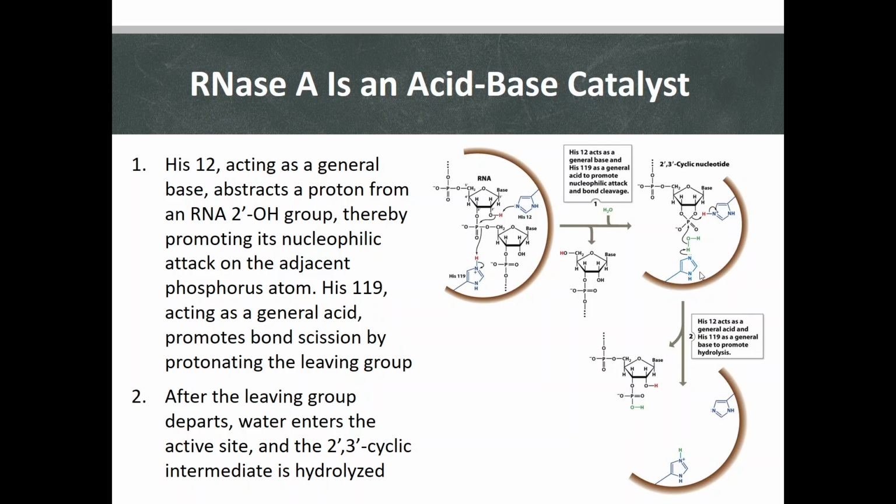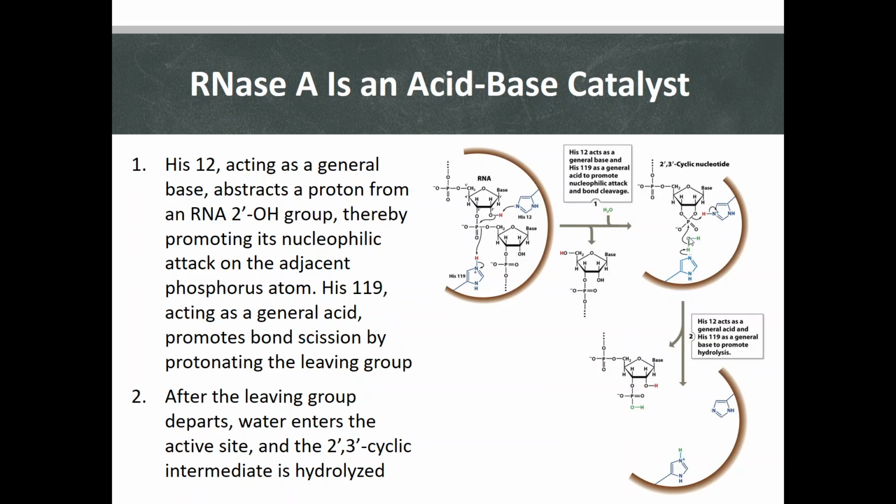So His 119 at this stage is going to function as a general base catalyst. So what it's going to do is reach over, grab a proton from a water molecule to then generate the hydroxide. So this is an example of water activation.